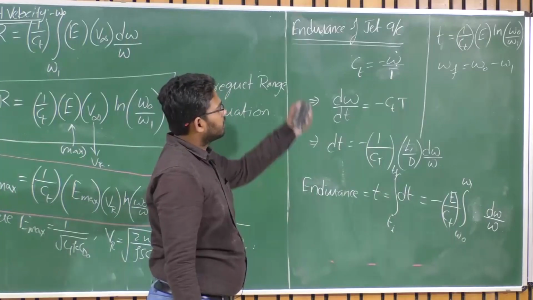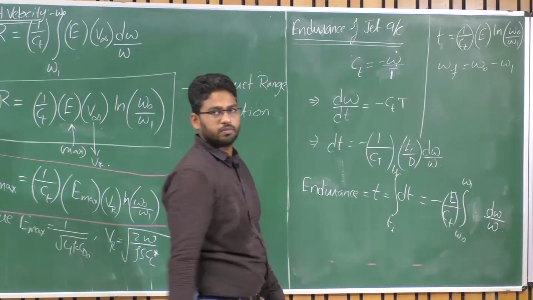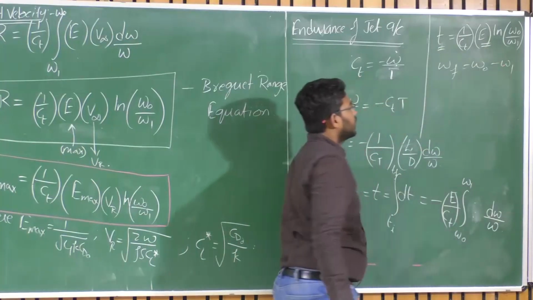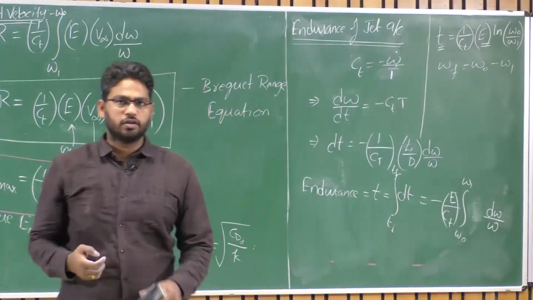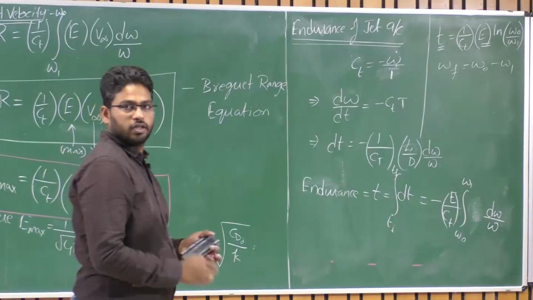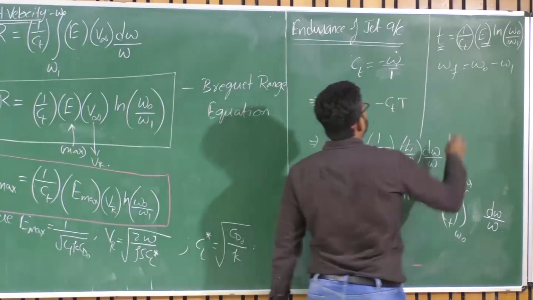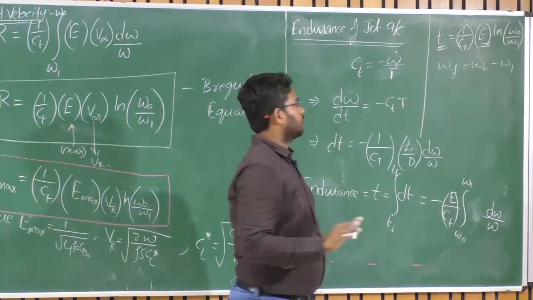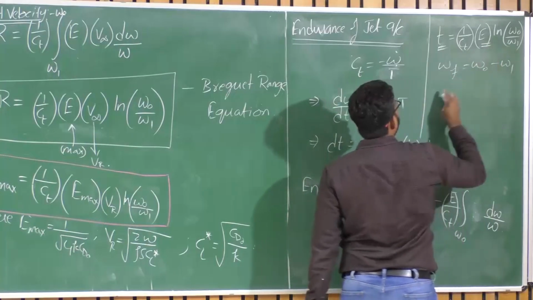The endurance of this jet engine will be maximum when E, L by D, is maximum. It's independent of velocity here. We don't have any flight velocity or density coming into the picture, right? So if you want to fly for maximum time with a given load of fuel with a jet engine, you need to fly at L by D maximum.